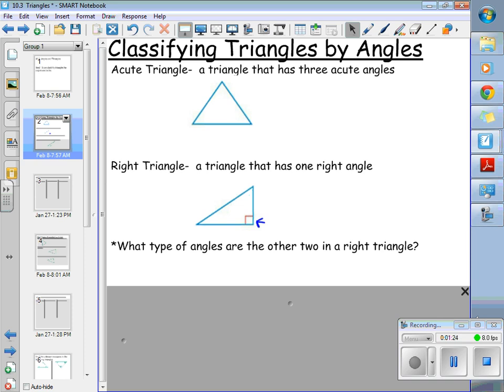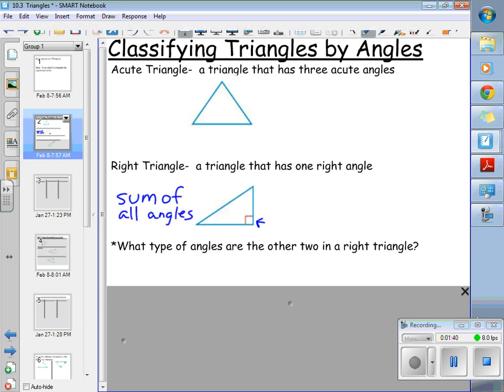What type of angles are the other 2 in the right triangle? Well, obviously, I don't know if you guys know this or not. The sum of all angles is 180. If you don't know that, write that down.